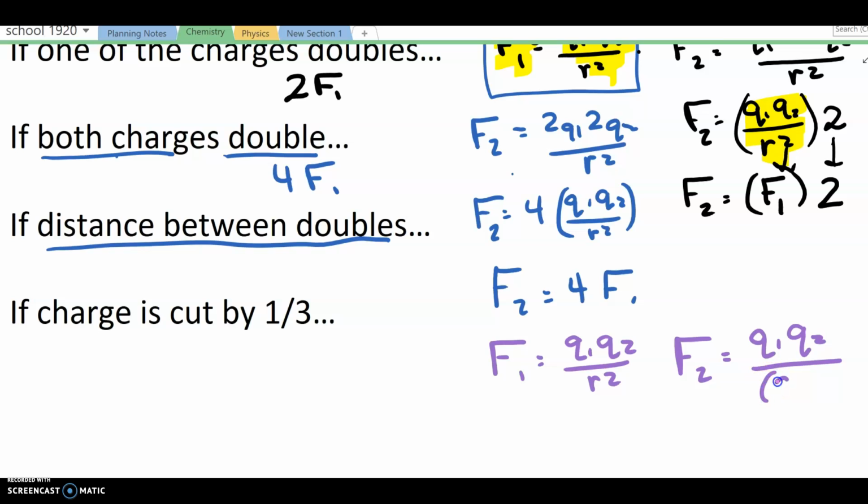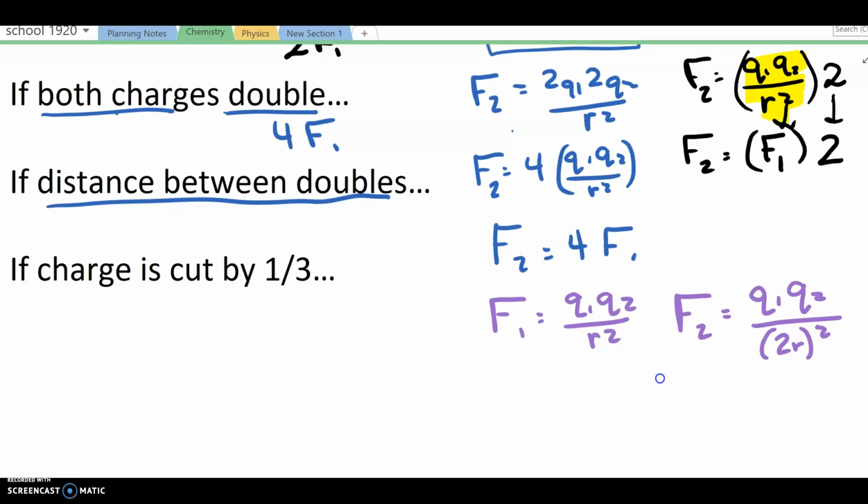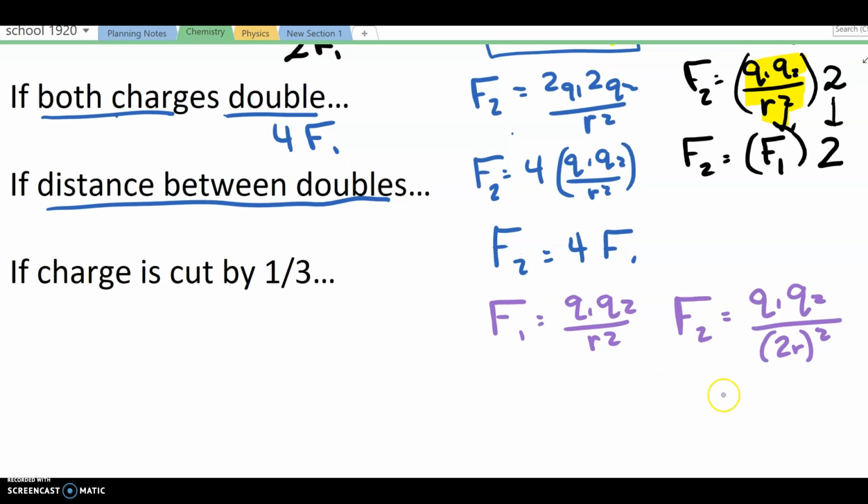What happens is we have 2 times R, the distance between them. We have twice as much. So mathematically, Q1 times Q2 over 4R squared. You have to treat the doubling of the distance following order of operations. You need to double it first and then square that, because it's the actual number of meters between the two charges that is doubling.